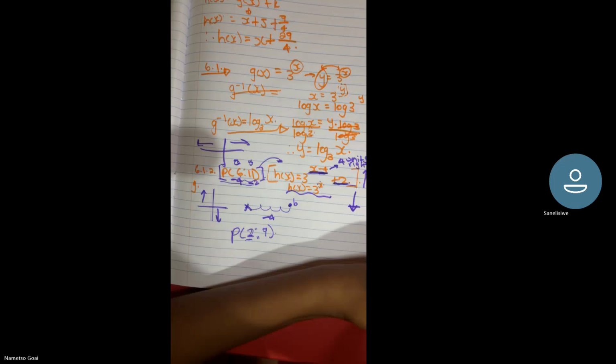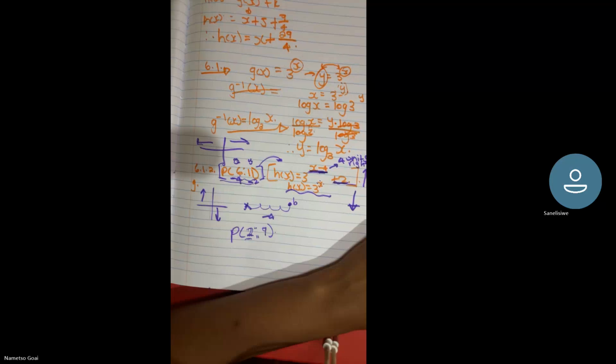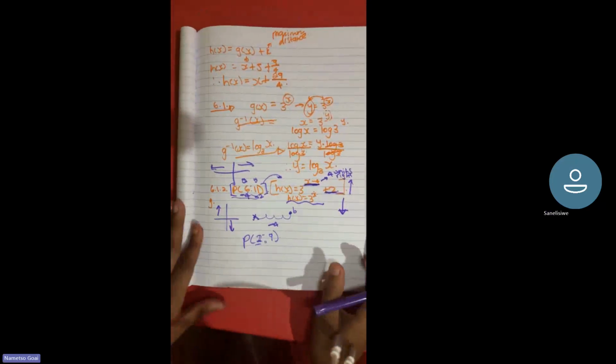I think I'm only seeing it until this point over here. Let me just check. No, they end here. So if they end here, then that was the end of our class.